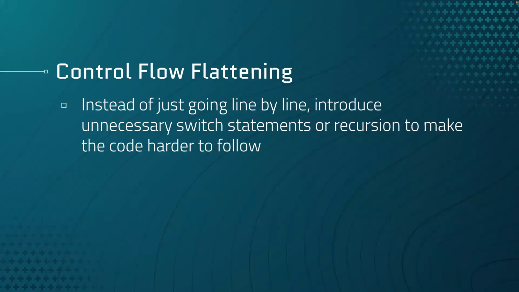So for example, if you just have a bunch of print statements one by one, you could do a switch on a variable that increments, and then put them all out of order in the switch, and then it's like every time it equals this, do this, and then just increment it once. And so each line in the switch only runs one time, but you can't just read it going down. You have to manually go through it and figure out which order it goes. So the whole point is just messing with the control flow so that you can't read it line by line. You have to manually follow it.